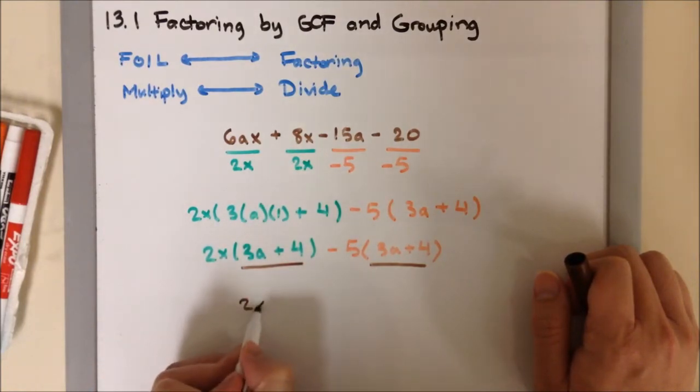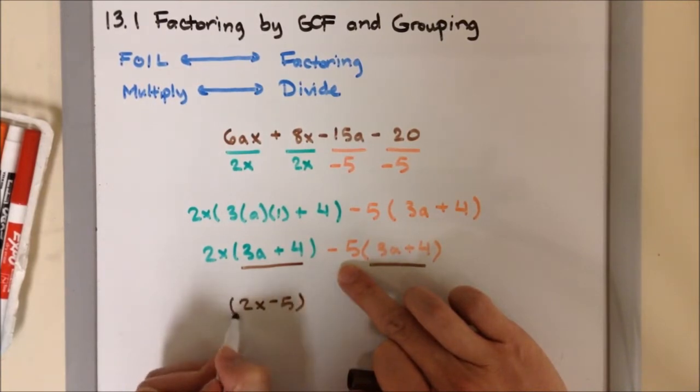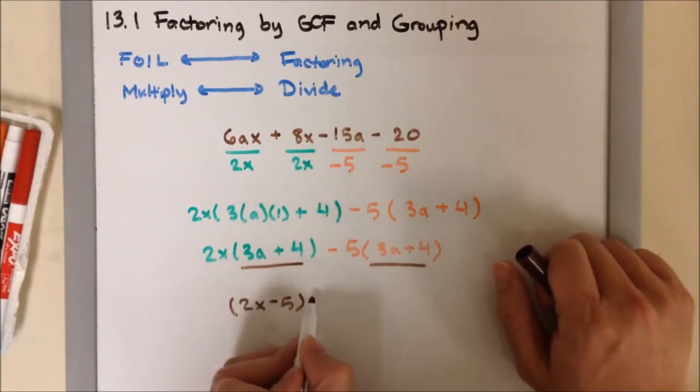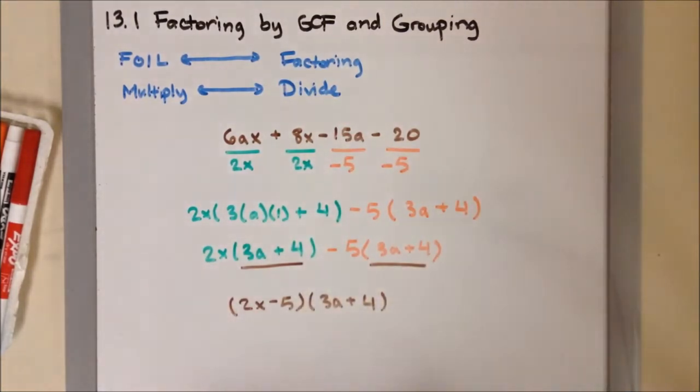So 2x right here, minus 5 right here, put in parentheses, and then write out the 2 common parentheses, 3a plus 4, just one time. And that's all we have to do.